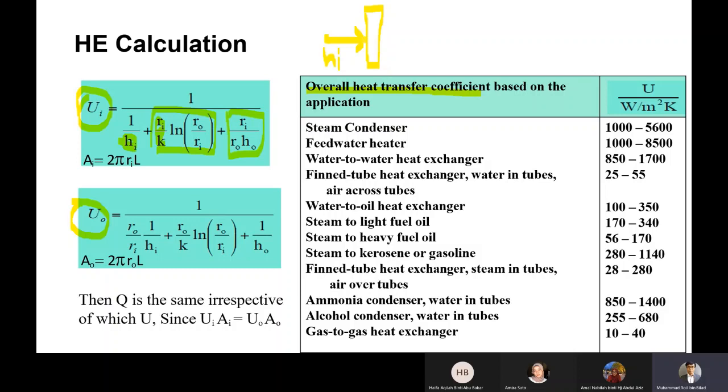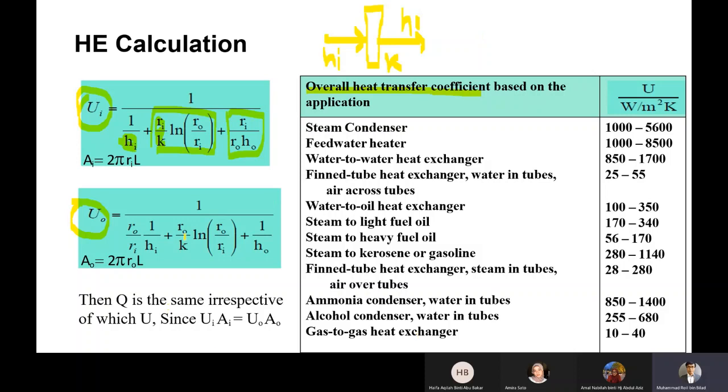Then through the wall, it's conduction, so you have a K here. And then from this wall to the bulk outside, you have convective heat transfer of the outside. And then you can do exactly the same for the U out.